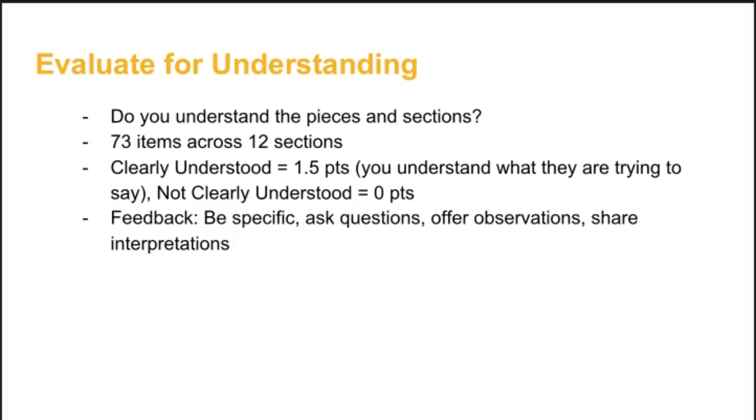In that score, you'll give a 1.5 or a 0 for each item. But instead of evaluating for completeness, you are generally evaluating your understanding of their response. Accordingly, you'll score 1.5 points for understood and 0 if you did not understand the responses. There are a few items where you'll be checking their calculations.